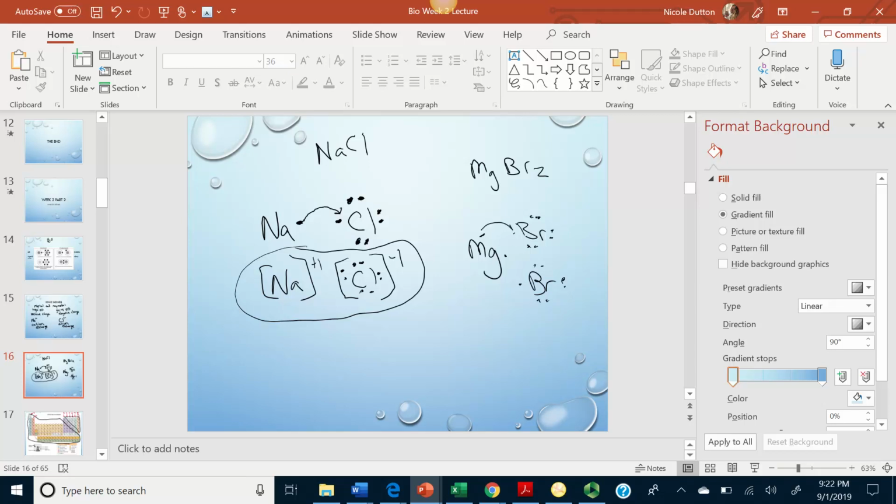Now this one can go to this bromine, this one can go to this bromine. So in the end, magnesium has a +2 charge, and then each bromine would have a full outer shell, bracket, -1.